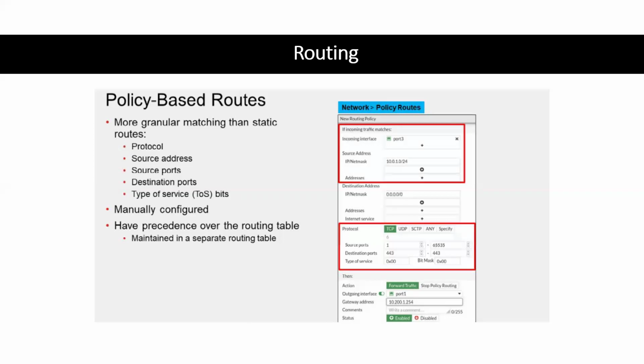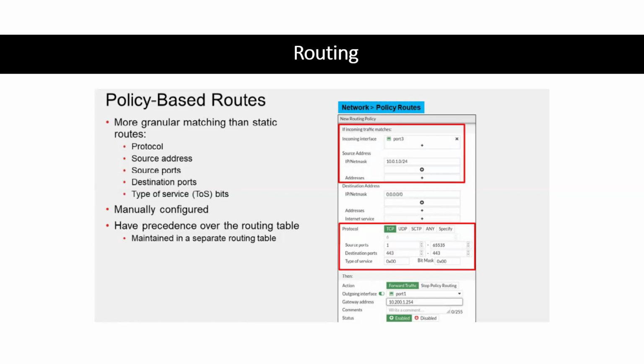I can say the destination is this. I can specify the protocol, and I can actually get deep and say what source ports I'm going to allow, what destination ports I'm going to allow, and the type of service as it relates to QoS, quality of service, and you'll be able to set an action.